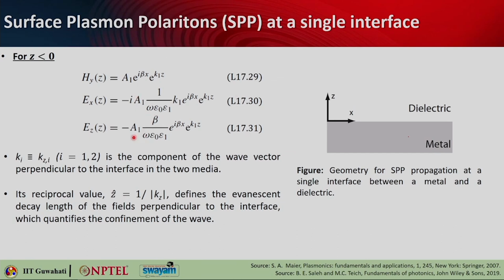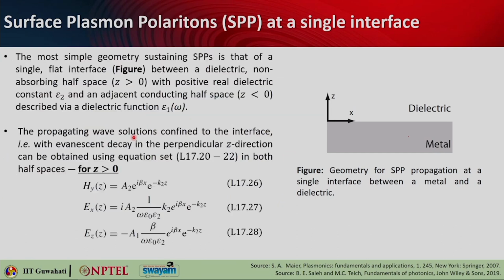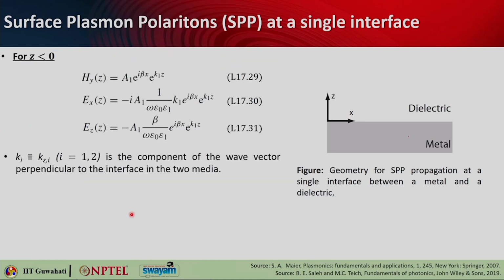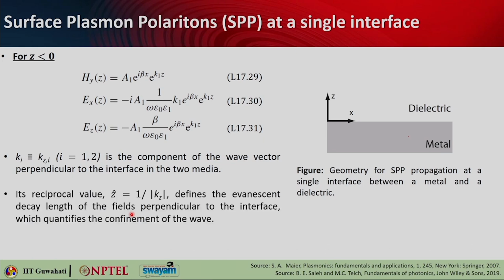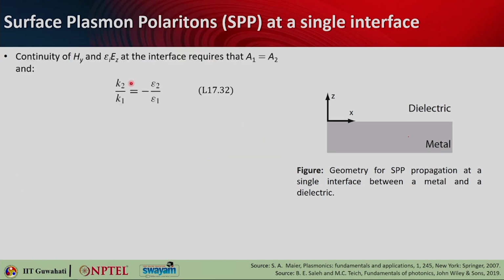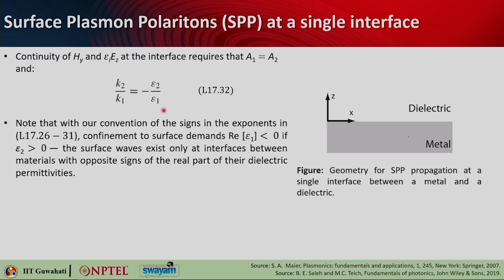These are the amplitudes described here, and they should be the same. Okay, I am not going into the exact details of each of this. So that poses the requirement that K2 over K1 should be equal to minus epsilon 2 over epsilon 1. That means the two permittivities should have opposite signs.